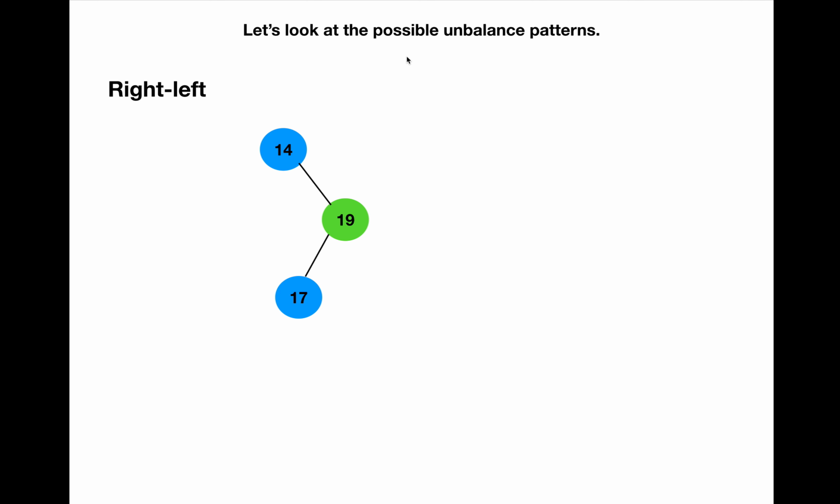What if we have a right-left unbalance? So this is the root of the tree. To the left, that branch is of size 1 because there's nothing there. To the right, it's of size 2 or 3. So 1, 2, and 3. So 3 minus 1 ends up being 2. So we have an unbalanced tree. And what do we do? Well, we shift these two so that we end up with a right imbalance.